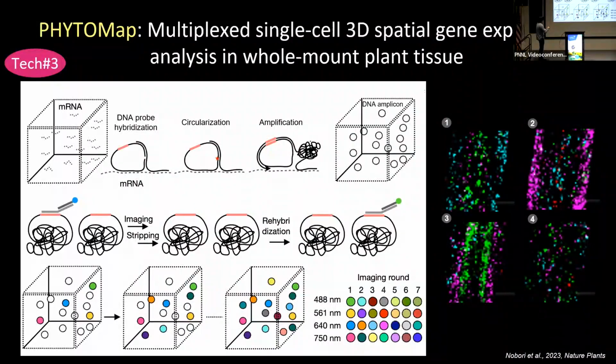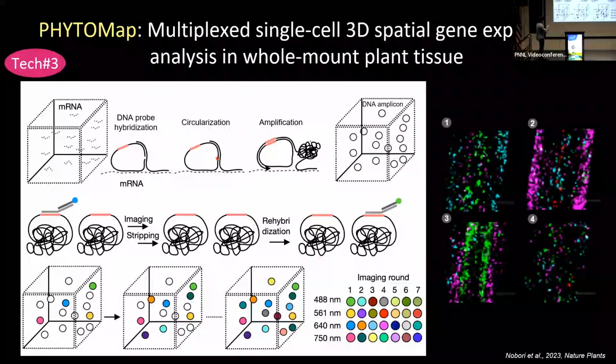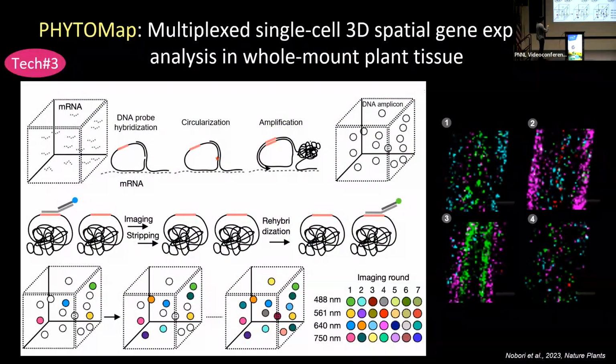And the key step in Phyto-map is that all mRNAs are replaced with DNA probes. So you hybridize DNA probes, which has barcode sequence specific to each gene. And then these barcode containing DNA probes are amplified hundreds of times in situ, and then again fixed tightly. So after this, those mRNAs are completely replaced by amplified DNA probes at their original positions.